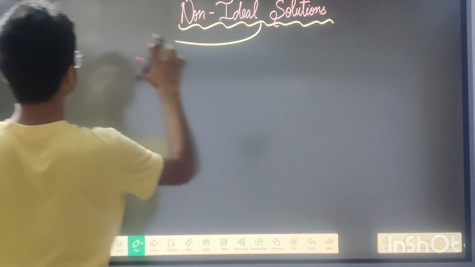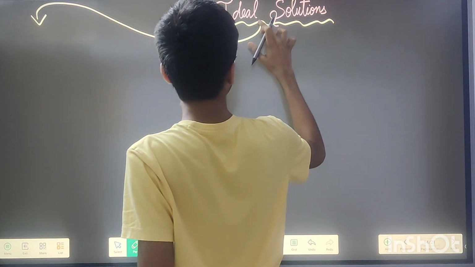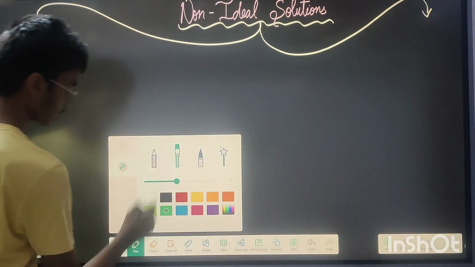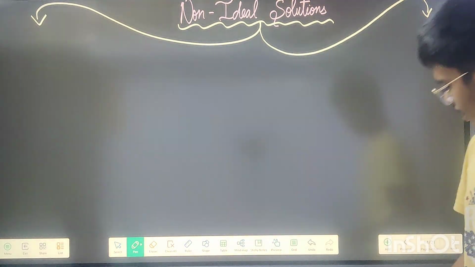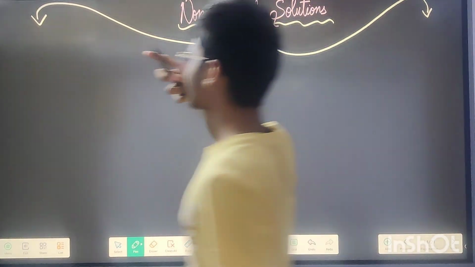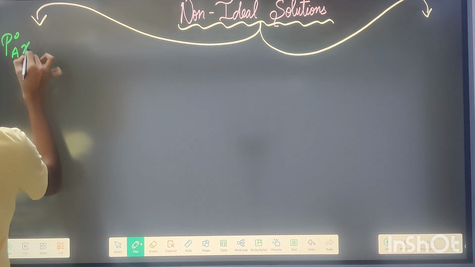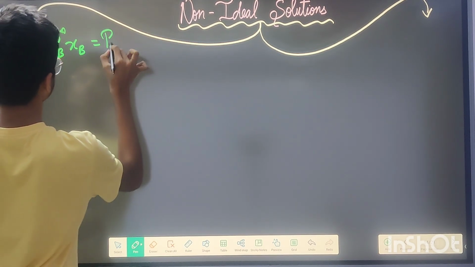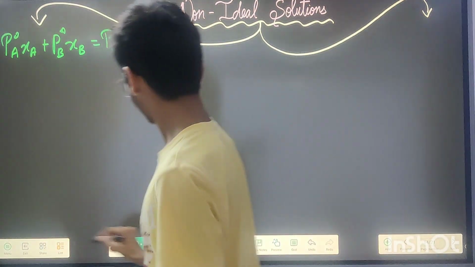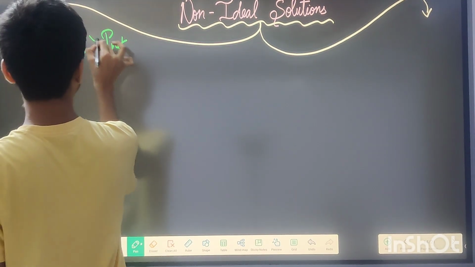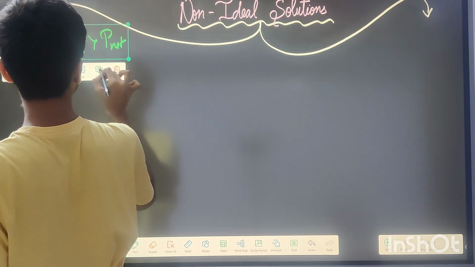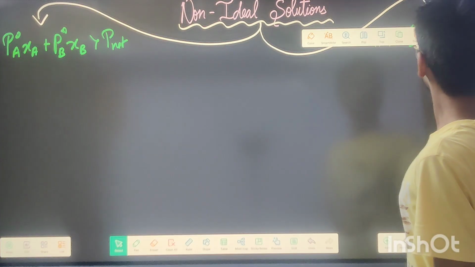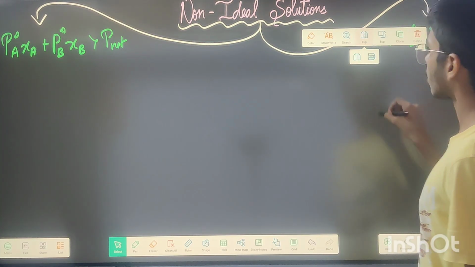In case of non-ideal, what did I say? You are having P naught of A into XA plus P naught of B into XB is equal to P net, in the case of greater than, and another case is the other one. So another case is this one.